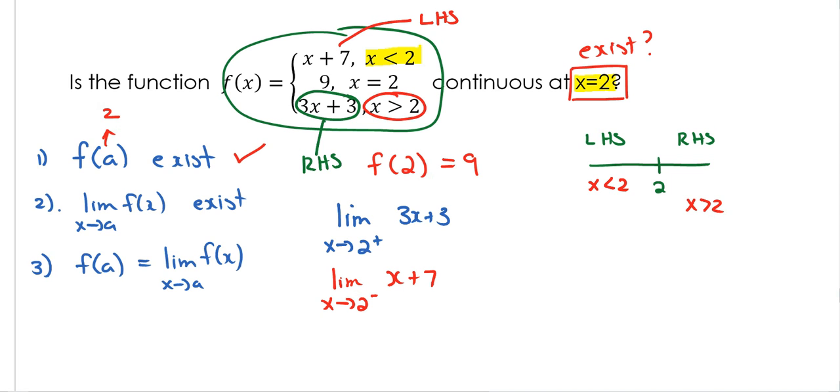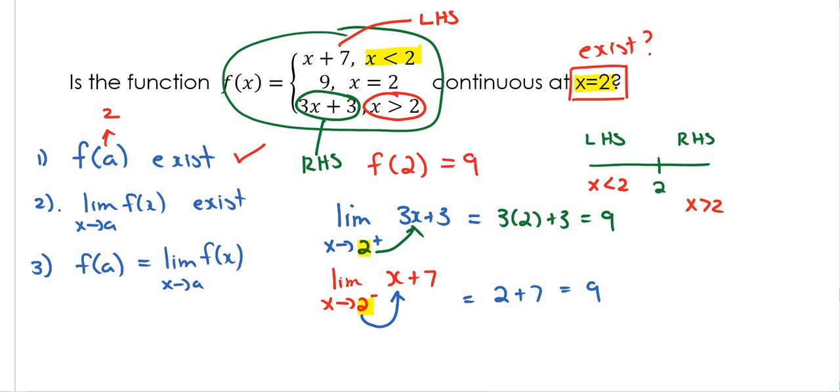The quickest way to do a problem like this is just take your 2's and substitute them in for your x value. So this will be 3 times 2 plus 3, and that's going to give you a value of 9. And if I substitute 2 in for the x over there, I get 2 plus 7, and that will also give me 9.